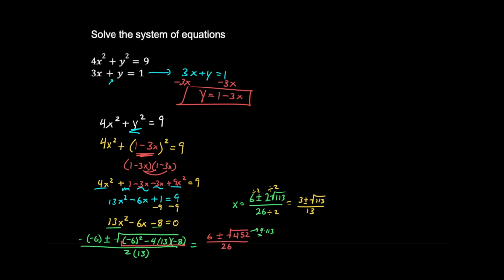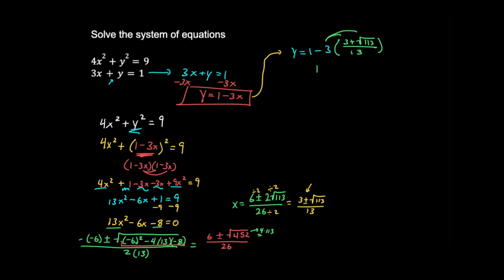So we're going to go and use this linear factor. Not going to be the prettiest thing in the world, but we'll replace the x with our two separate x values. Remember, one of them being the plus, one of them being the minus. I'll start with the plus one. So if we do that, we'll have y equals 1 minus 3 times 3 plus radical 113 over 13. So I will distribute negative 3 here through.